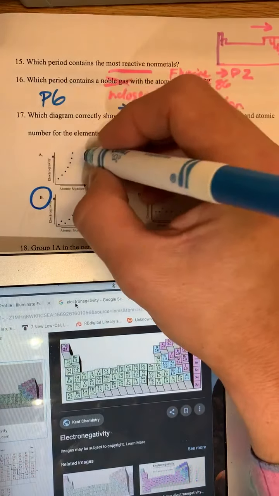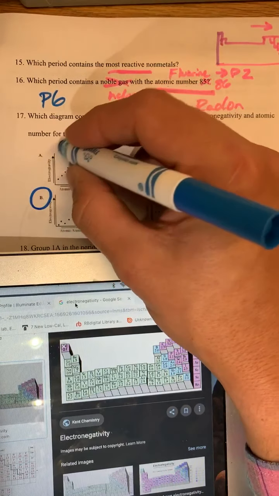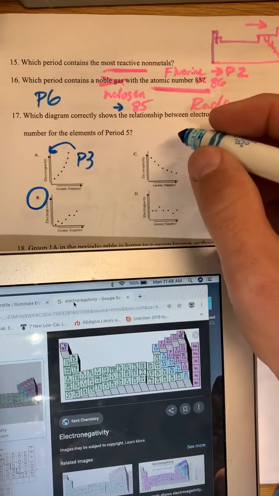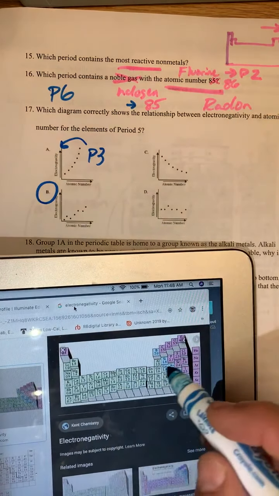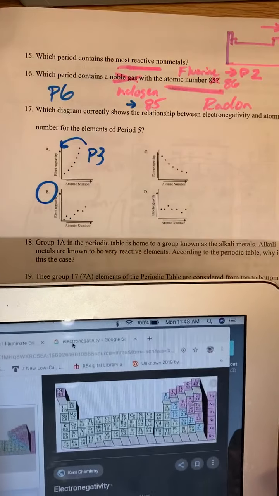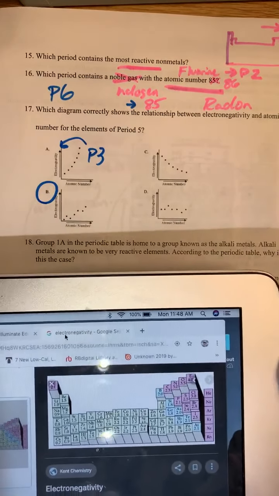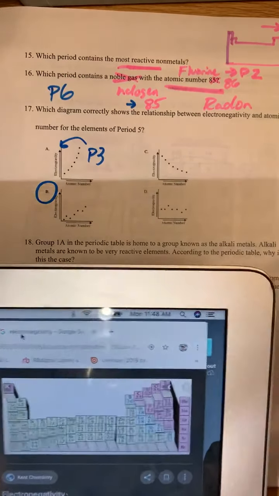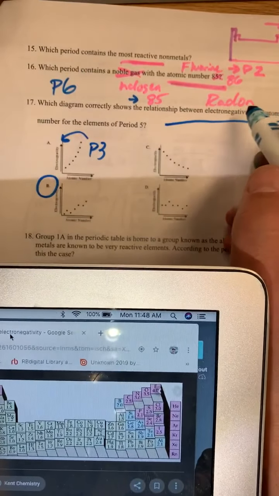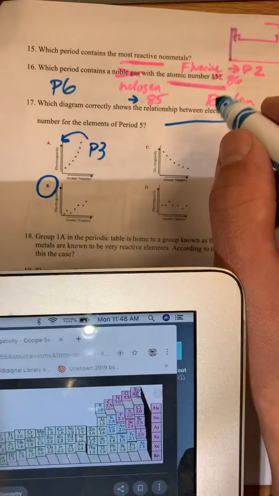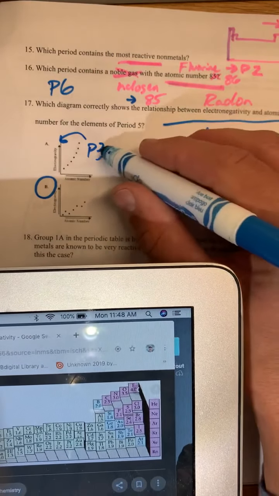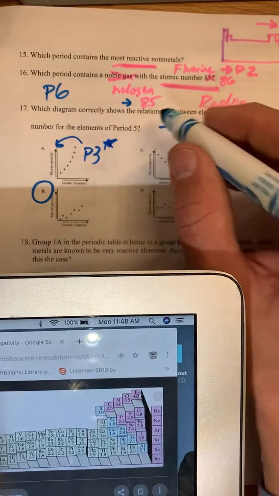If we're talking about period 3, it would be more of something like that, okay? Because period 3 is consistently increasing across the period. That's what it means to have a periodic trend. And also, if you know the relationship between electronegativity and atomic number, you know that it's a periodic trend, so you would know that it's increasing.